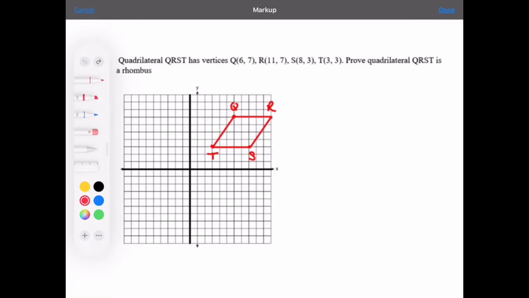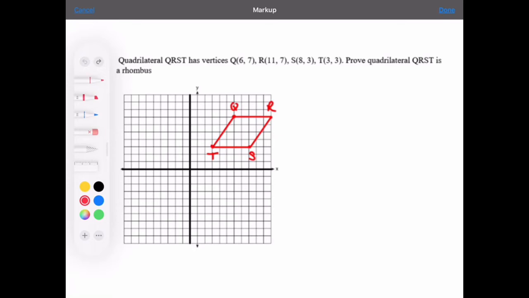So instead of proving it's a parallelogram by doing the midpoint formula, I'm going to use the distance formula this time, and by showing that they're all congruent, I'm proving that it is a parallelogram and a rhombus at the same time, which makes my life a lot easier, right?